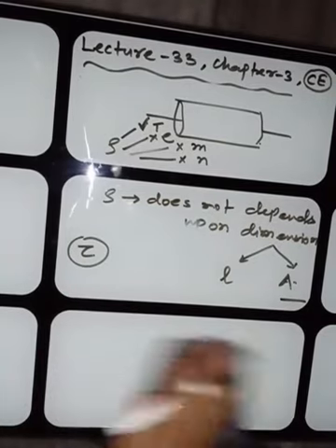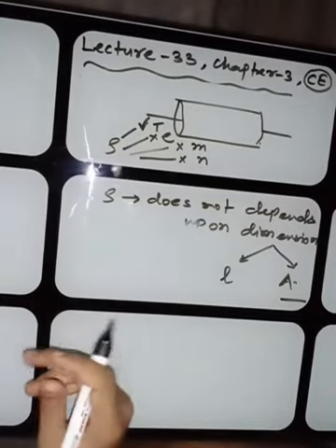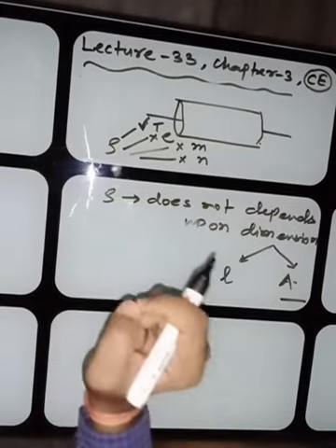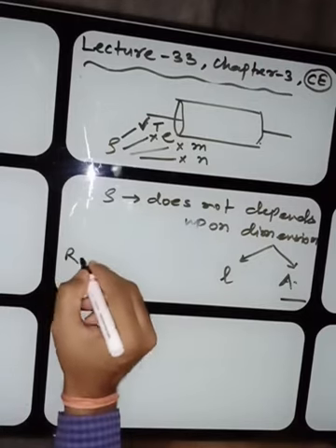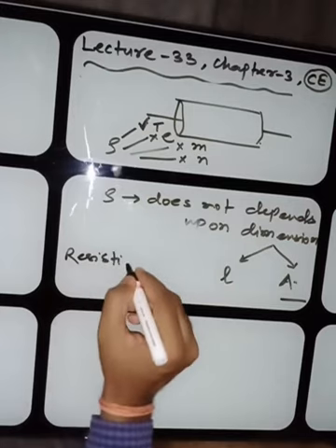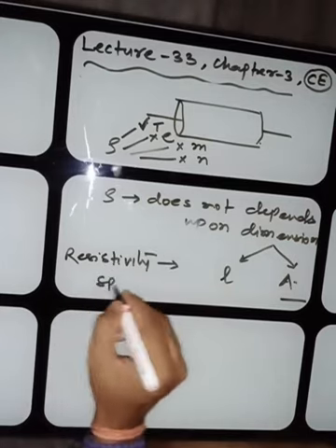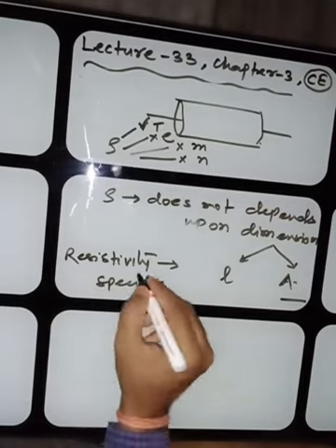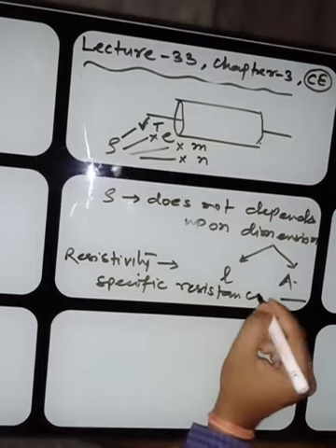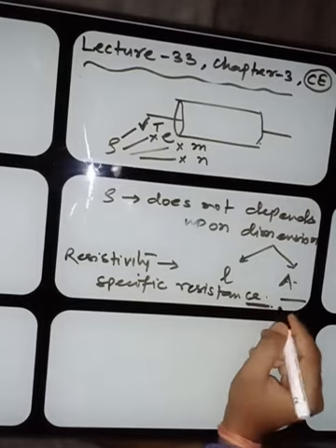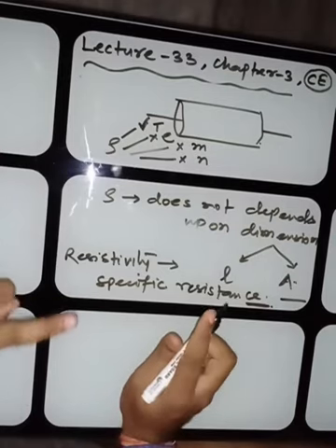Now my dear students, what does resistivity mean? In the simplest definition, resistivity is also termed specific resistance. Resistance we'll study in detail later on.